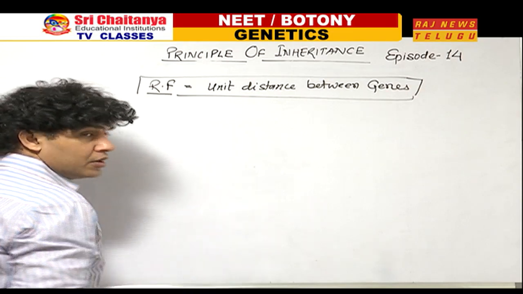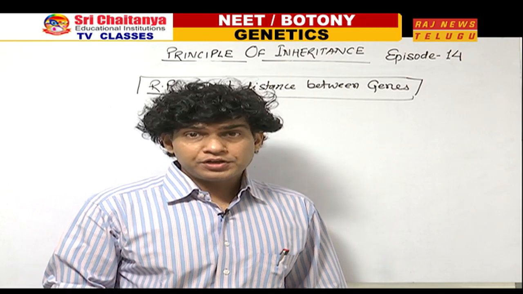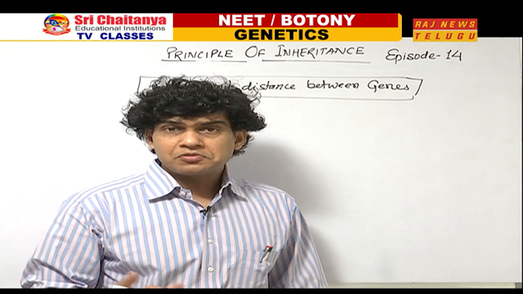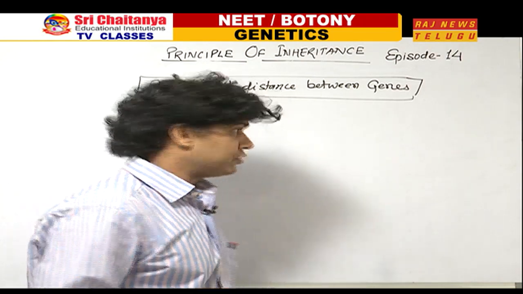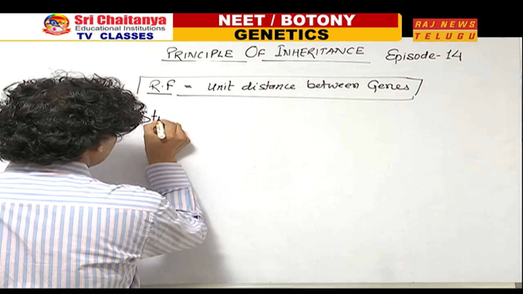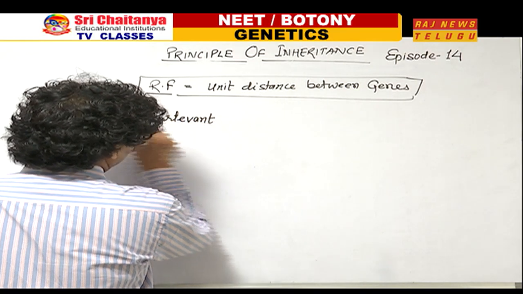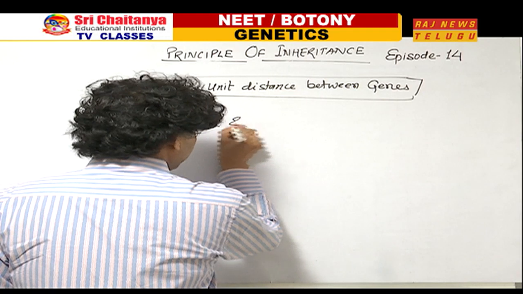And this idea to treat recombination frequency as the unit to represent the distance between genes was actually of Sturtevant and Morgan.